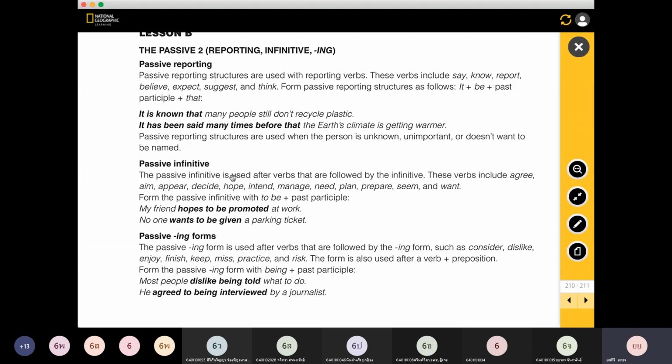Or, thank you for being involved. The main point is that it depends on what the verb structure requires.